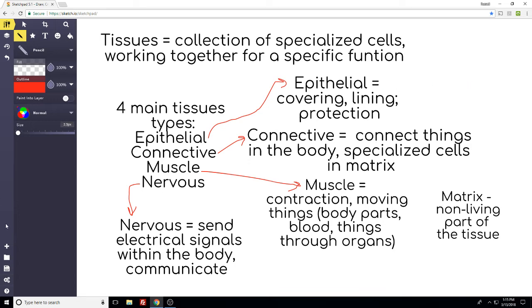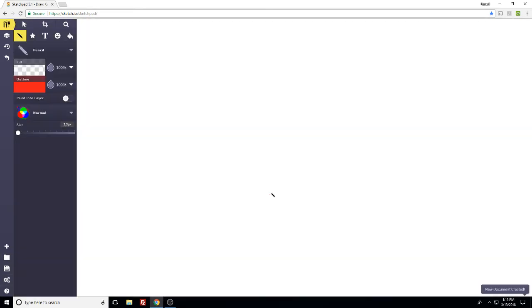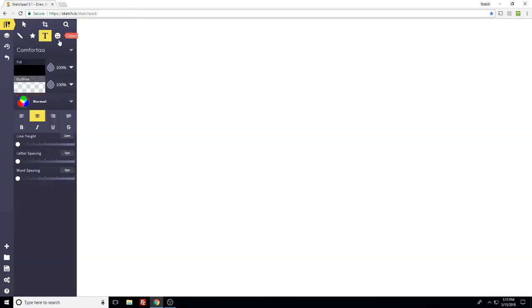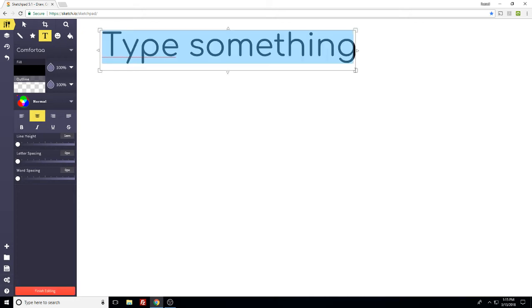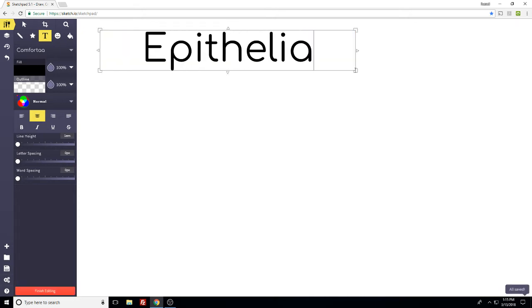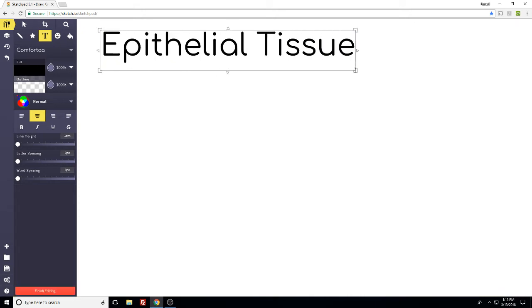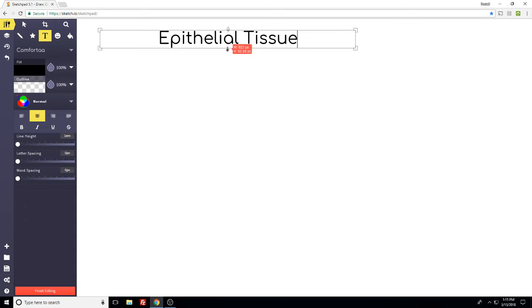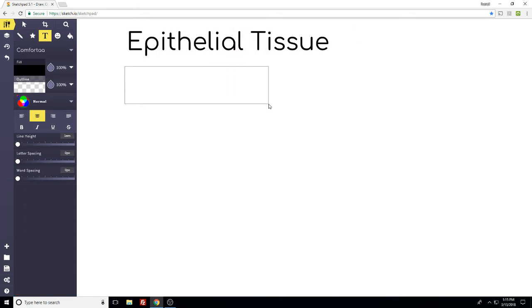And now we're going to talk a bit about epithelial tissue. So let's start with a clean slate here. Epithelial tissue, we just mentioned, is going to have the hallmark characteristic of covering and lining things.